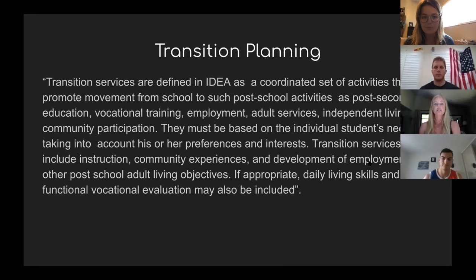So these also must be based on the individual's needs. So as a teacher, you're going to be taking inventory on the things that they might need help with in the future. So from elementary school and on, we need to make sure that we have an inventory of what they might need in order to transition out of an IDEA learning plan in school.